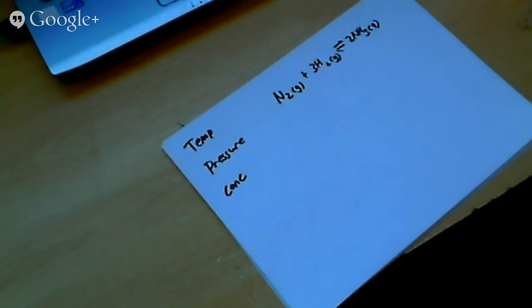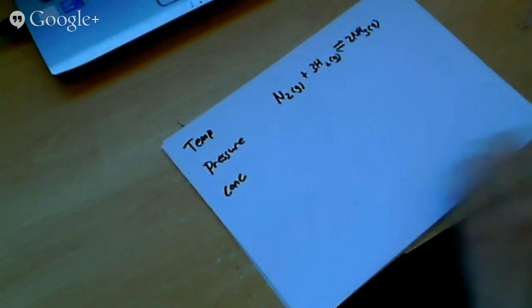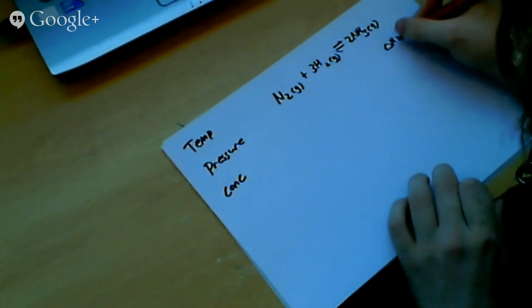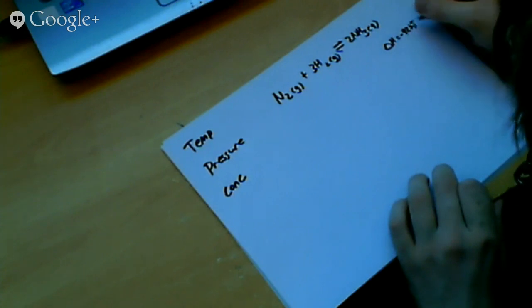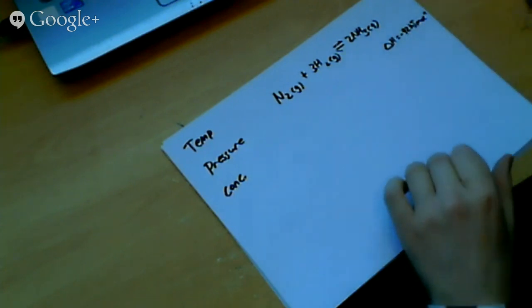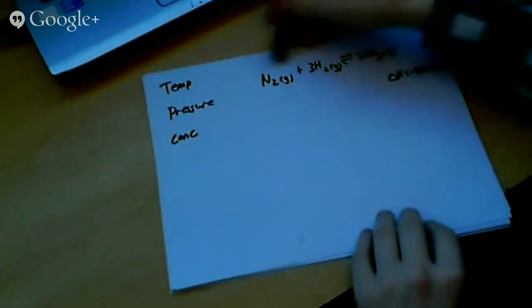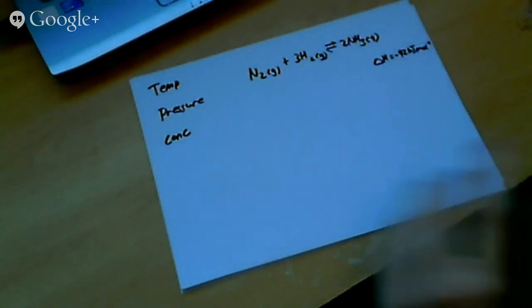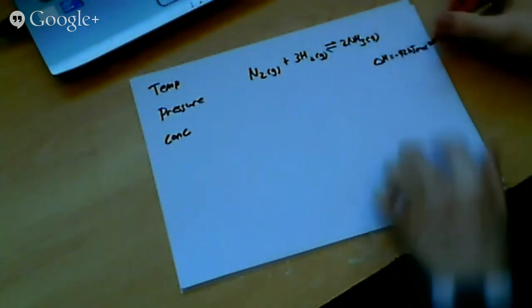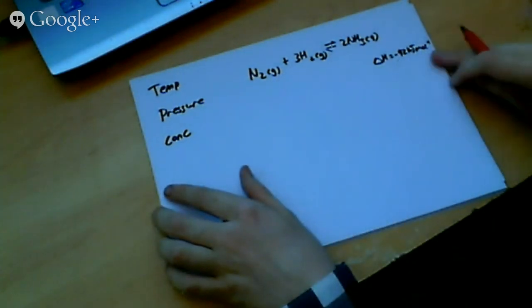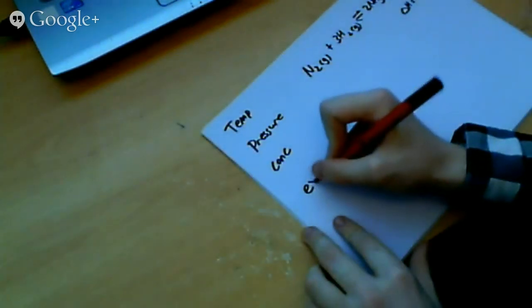The enthalpy change is minus 90 kilojoules. Now what you look at with temperature is the forward reaction. In this case, the forward reaction is exothermic.